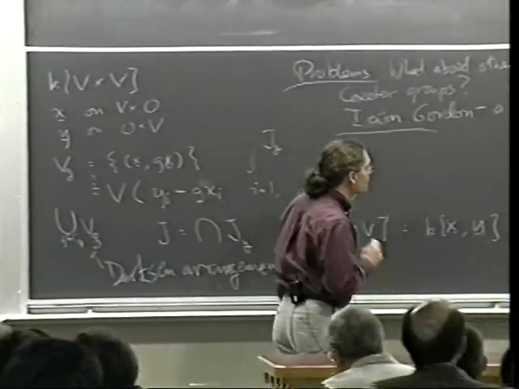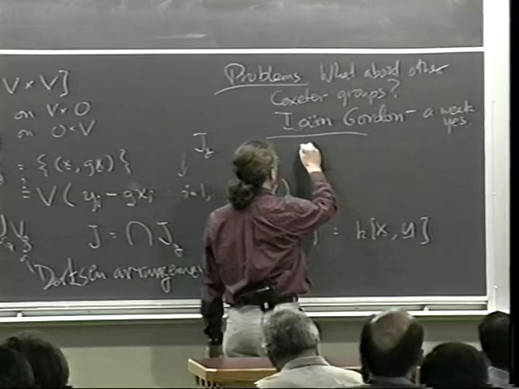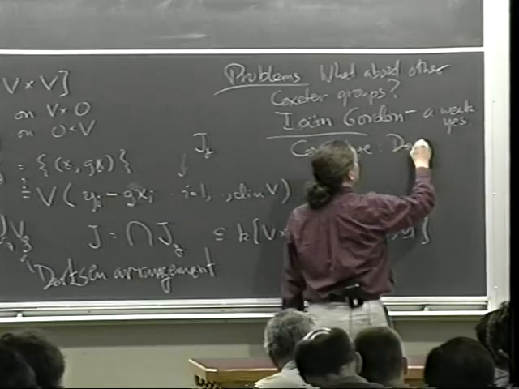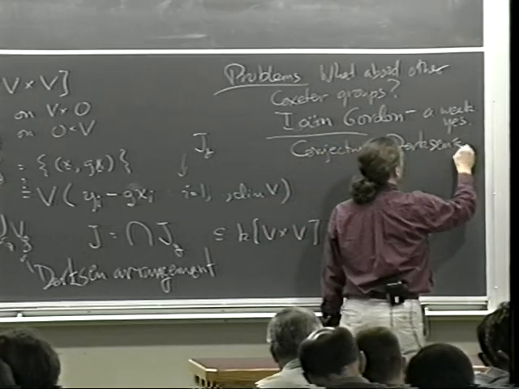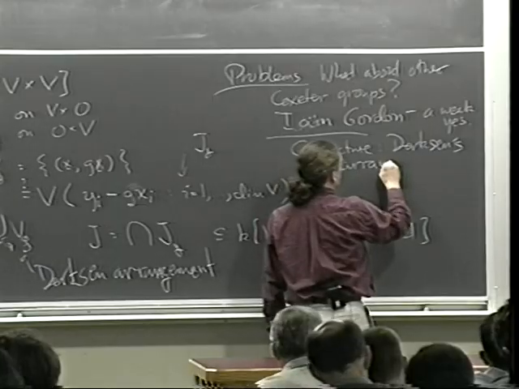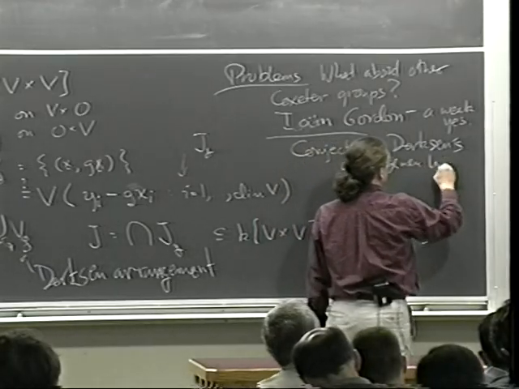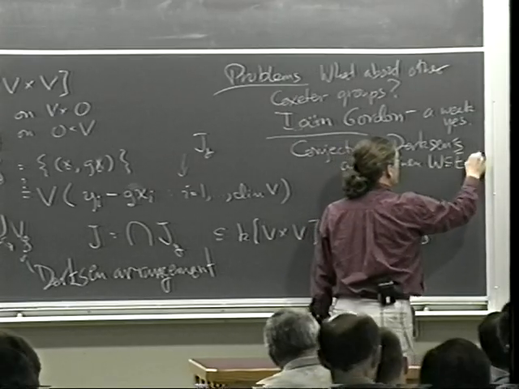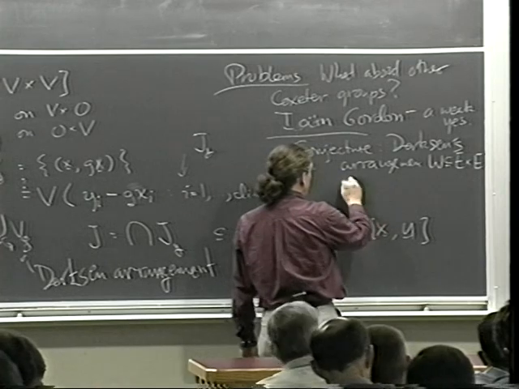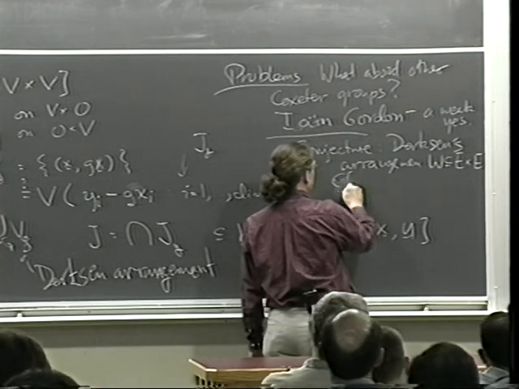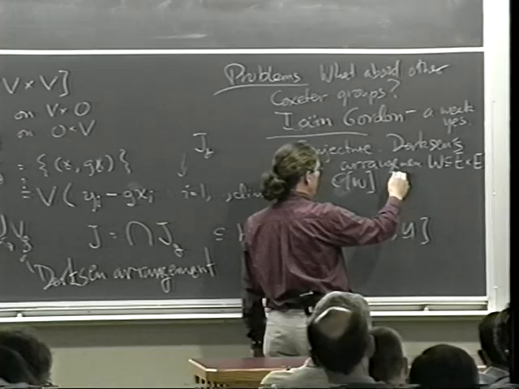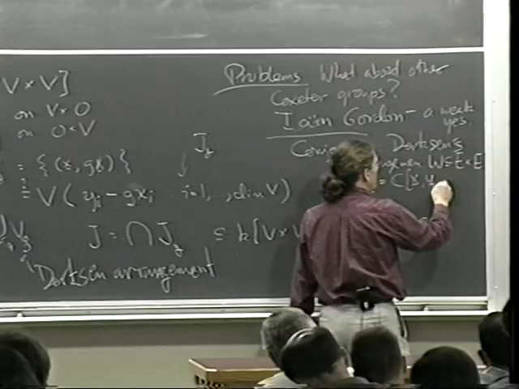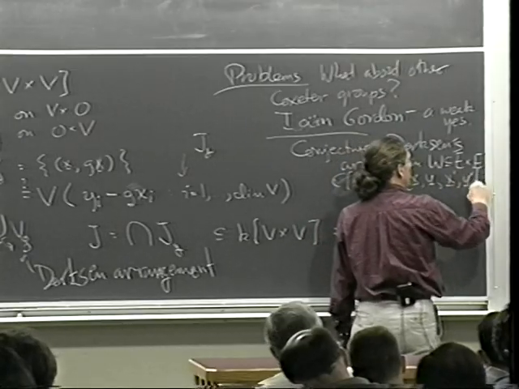I think it's probably true that for this situation, so let me state it as a conjecture, Dirksen's arrangement, let's say W, so this is now an E cross E. So its coordinate ring, C of W, is a quotient of the polynomial ring in X, Y, and X prime, Y prime, mod some ideal.